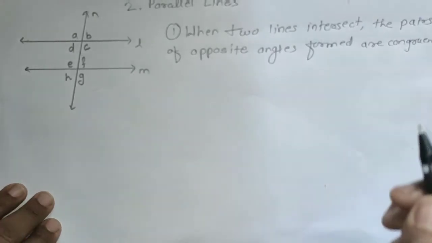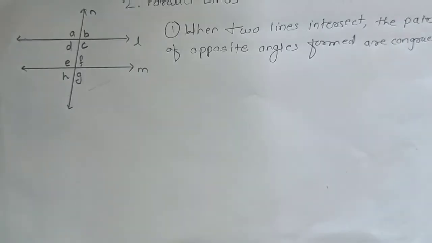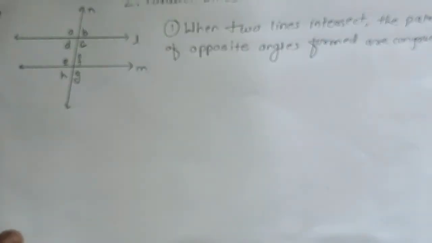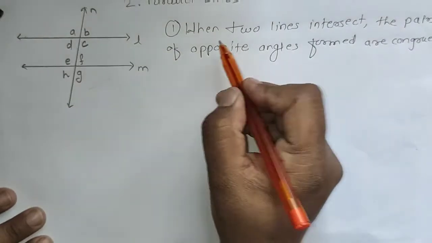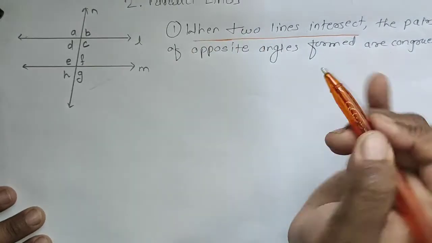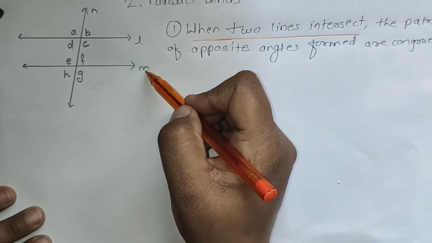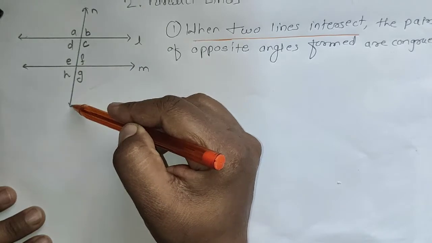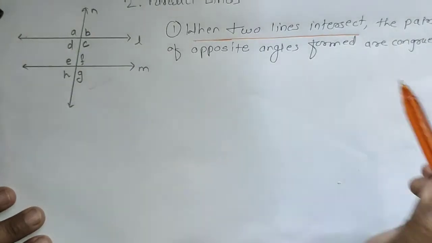So this is the first property. In this statement, when two lines intersect, so this is L and this is M, they get intersected by this N, and pairs of opposite angles are formed.